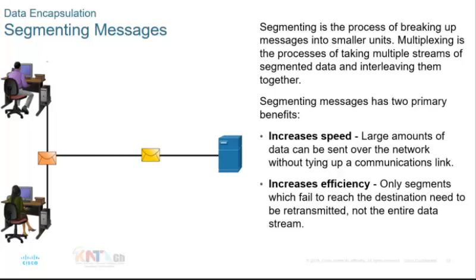It increases speed, so large amounts of data can be sent over the network without tying up a communication link. And then there's an increase in efficiency, where segments which fail to reach the destination need to be retransmitted, and not the entire data stream.